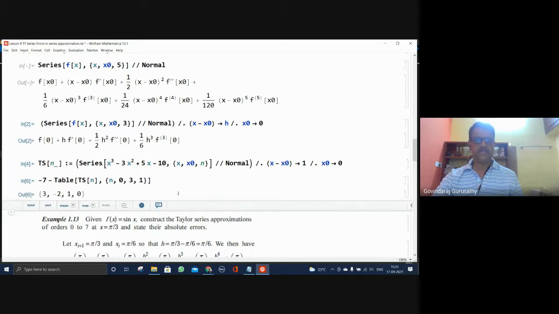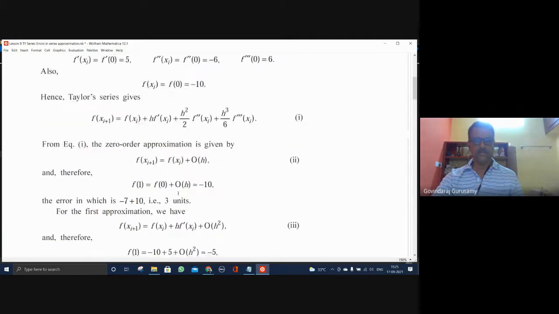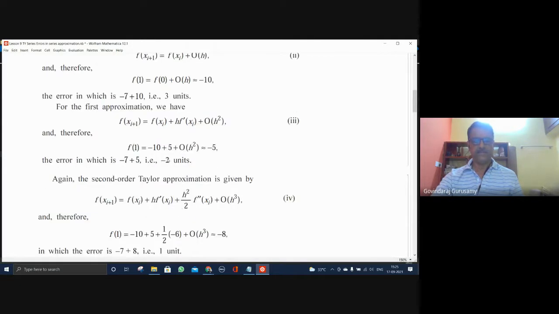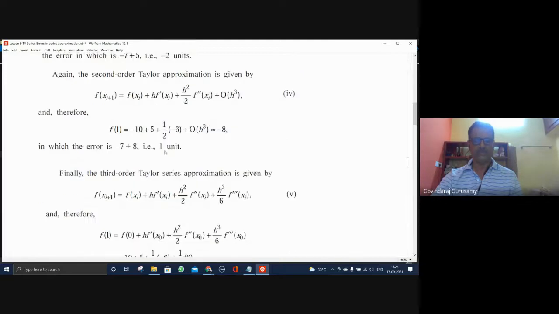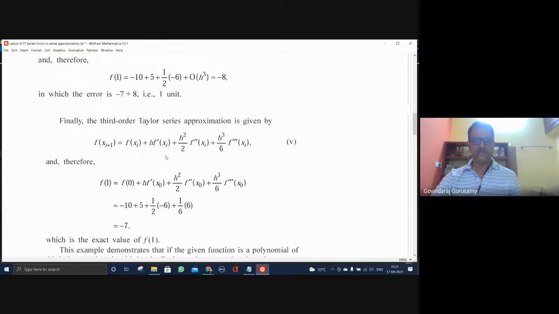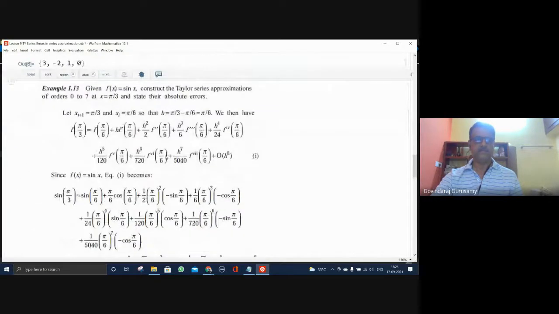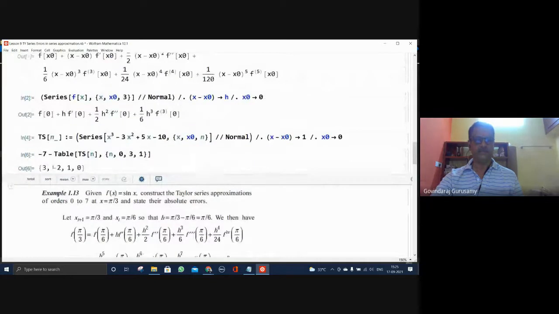So the first error is 3 units of error, which has not been given in the text. They have followed the procedure. I found 3 units of error. Second one is minus 2. Third one is 1 unit. Then afterwards comes 0. That is the result which we have here.